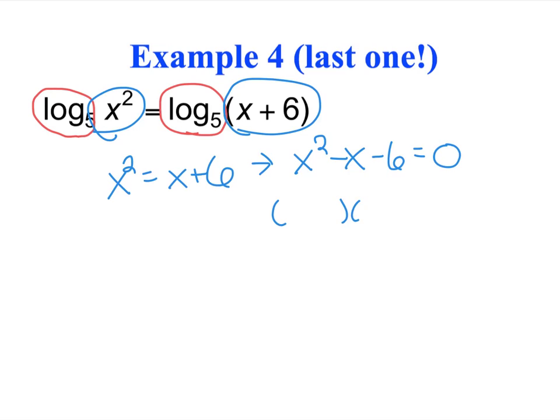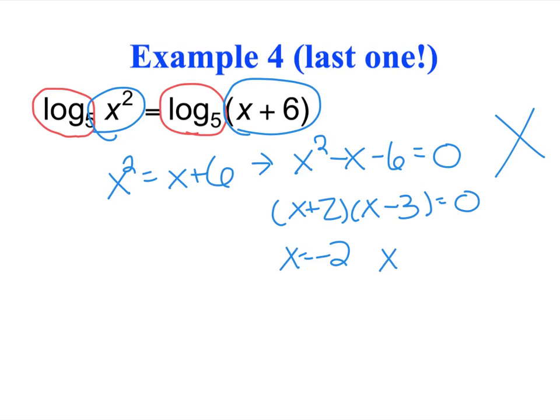And then this quadratic is factorable, so I don't have to use quadratic formula. It factors into this. If you need to do Xbox, go ahead and do that and check me. But you'll find x equals -2 and x equals 3. So that is my solution.